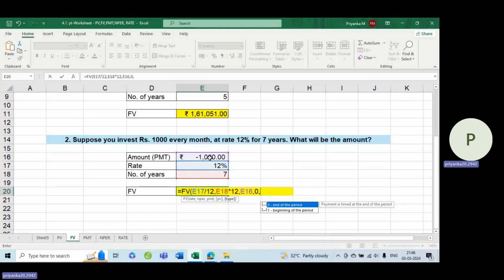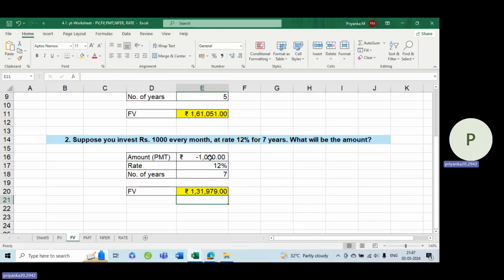Here it is not a loan, you're just investing. So usually everyone invests at the beginning of the period, when the month starts itself. Usually people pay their loans or start investing then. Okay, so I'm going to give 1, which means beginning of the period. Just give enter. Okay, so this will be the value after 7 years. So this is how present value and future value work.